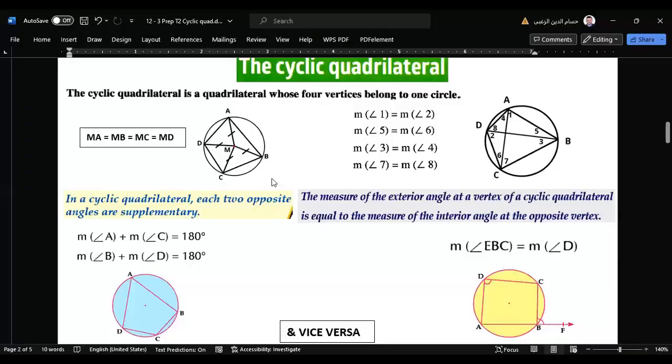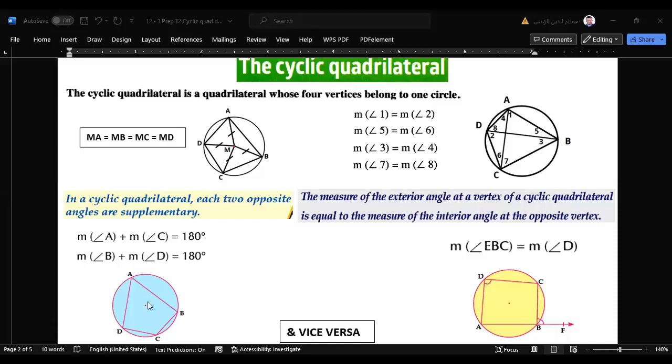And as a summary of what we studied today, we have these cases. If all the points are equidistant from a fixed point in the plane, so this point is the center of the circle. Angles subtended by the same base are equal, so 1 equals 2, 3 equals 4, 5 equals 6, and so on.